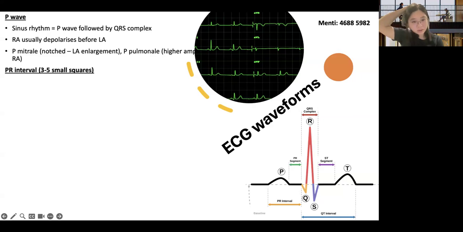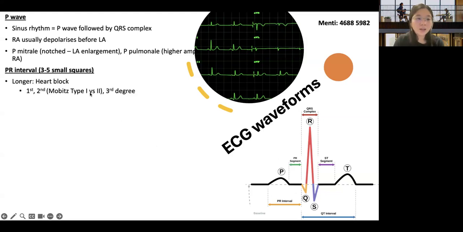So that's why you have a notched P wave. Basically, the P wave separates a bit because this LA enlargement causes the LA to need a little bit more time, and that's why it's later. That's why you have two things. And yeah, if the RA is enlarged, you would just have a higher amplitude.